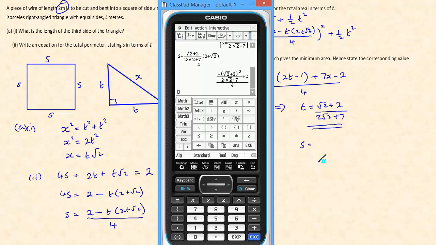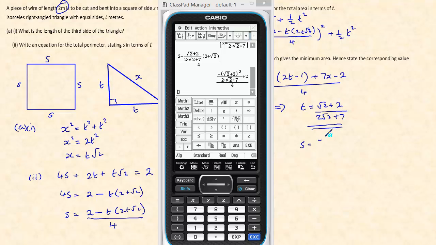Well, not a lot really. It's going to be negative root 2 plus 2 squared over 2 root 2 plus 7 add 2 over 4.